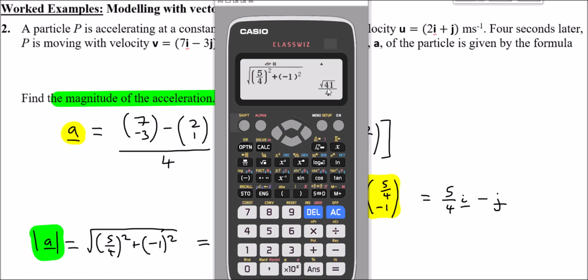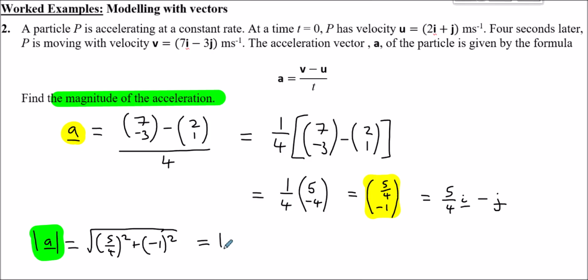So we get root 41 over 4, but in terms of an actual decimal answer, we get 1.60 to 3 significant figures. So acceleration is 1.60 meters per second squared, given to 3 significant figures.